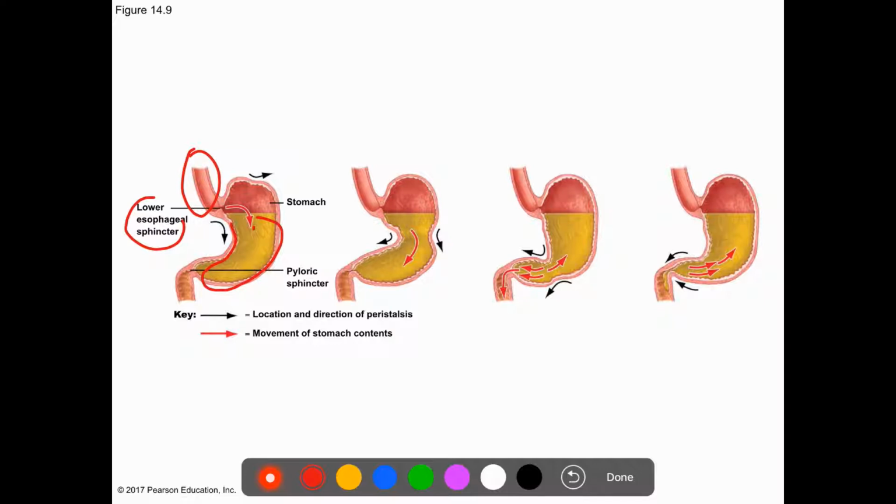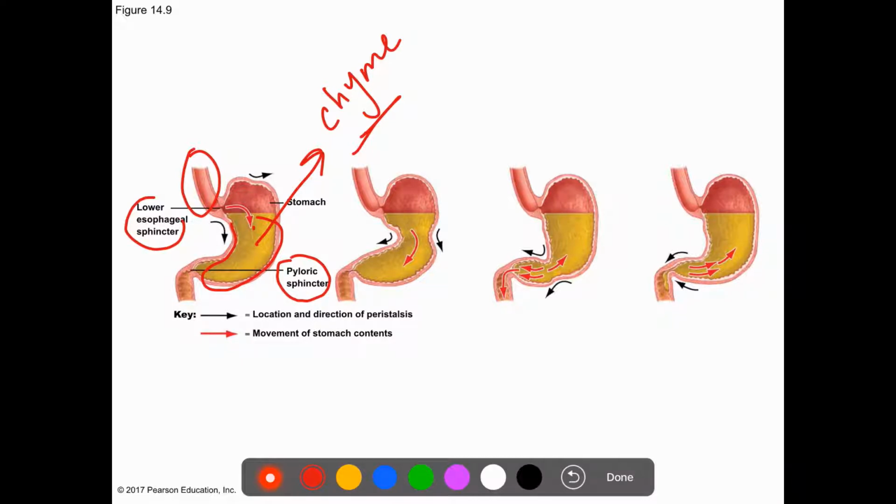Once the food is mixed with the gastric juice, we will call it chyme. So this is chyme, which is the watery mixture of the partly digested food and the gastric juice. And this chyme will be delivered to the small intestine through something called the pyloric sphincter.